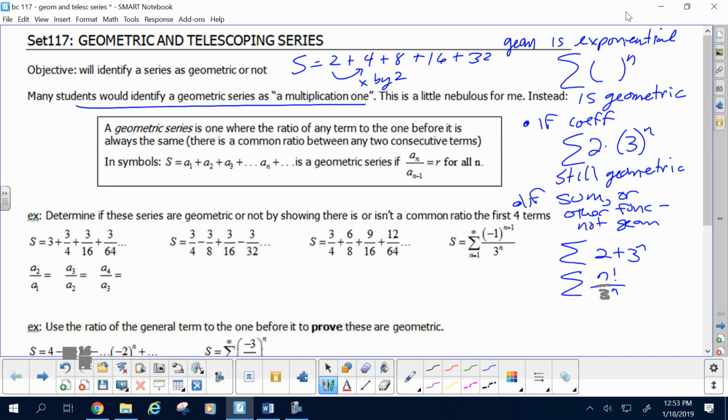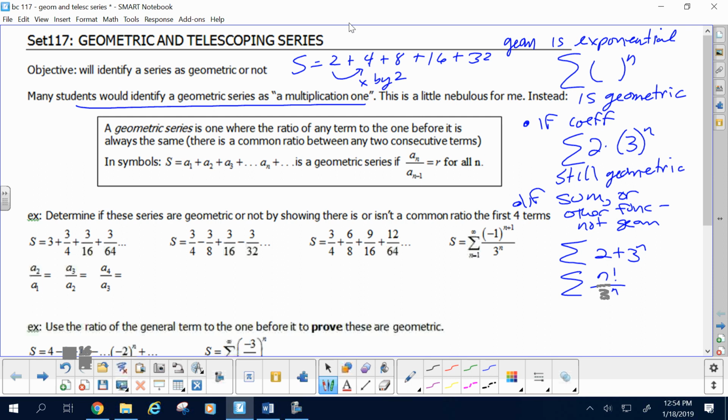All right. Now, because it's a multiplication pattern, students want to call it a common factor. The common factor is 2. That's not what you say in geometric. You say common ratio because it's really not so much what did you multiply by, but if you divided any term by the term before it, it's a common ratio.